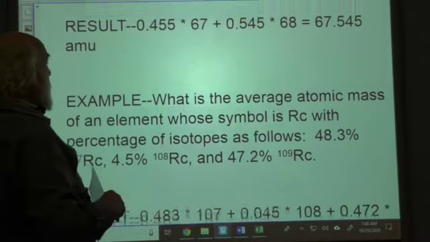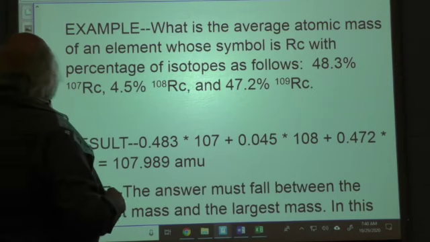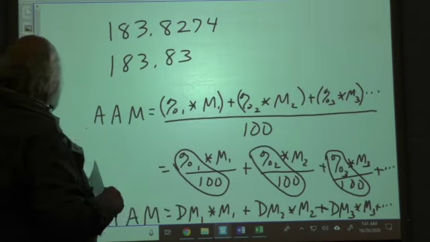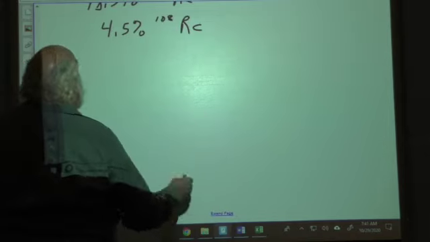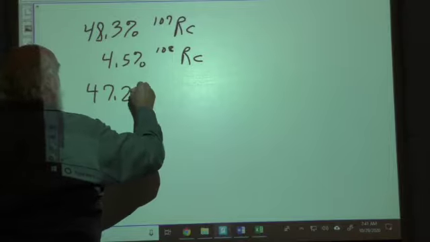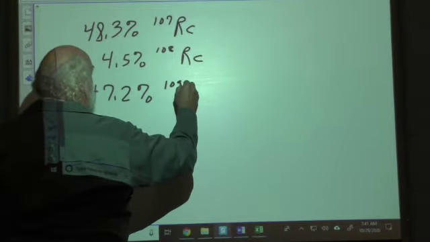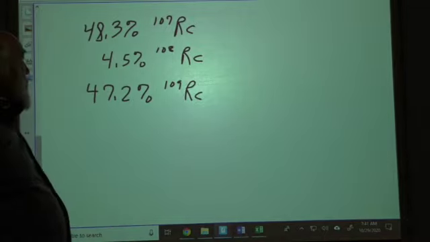And then the next one is 47.2% of 109 RC. Okay. And remember, all this has to add to 100%, which it does here.